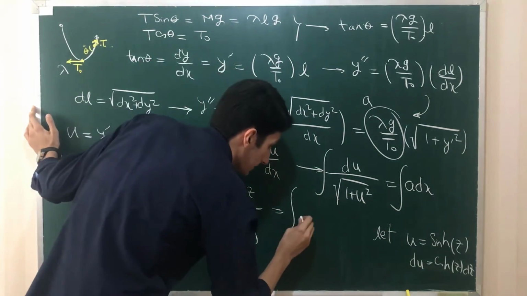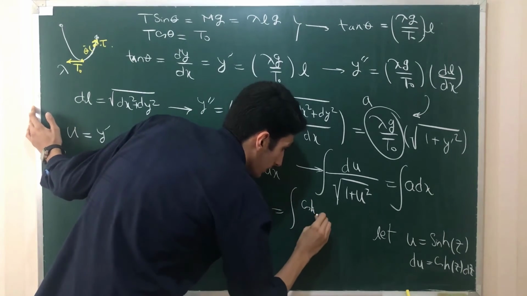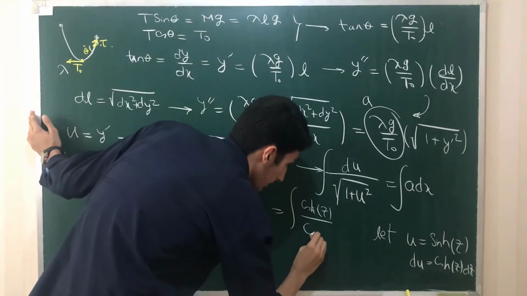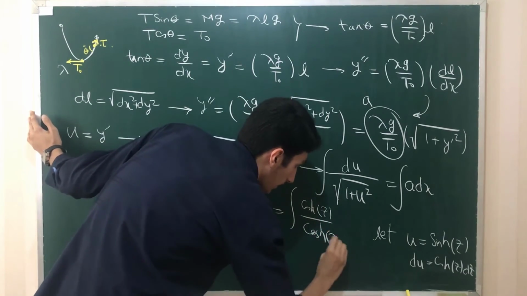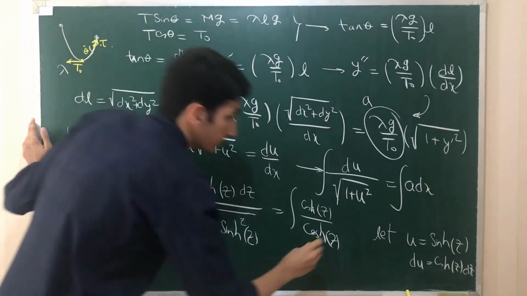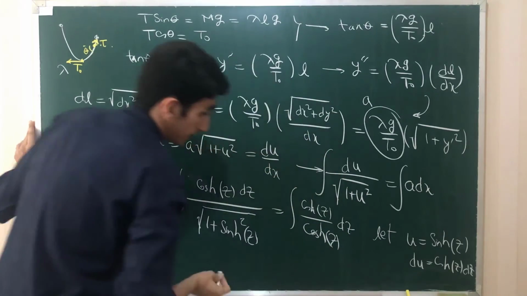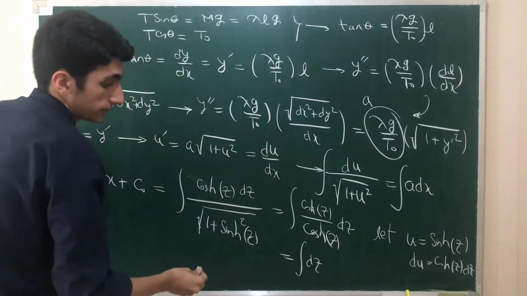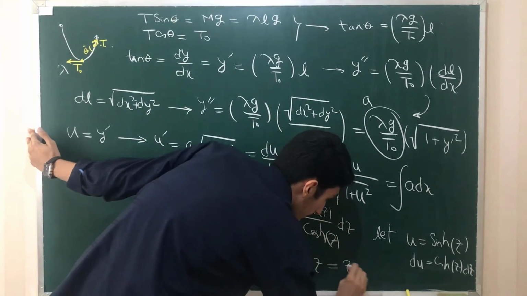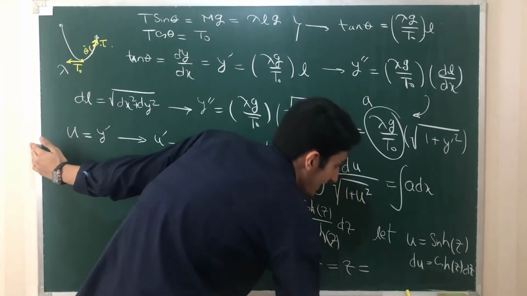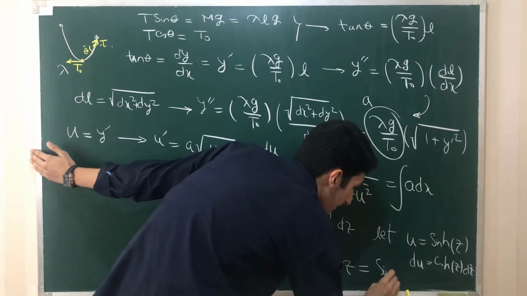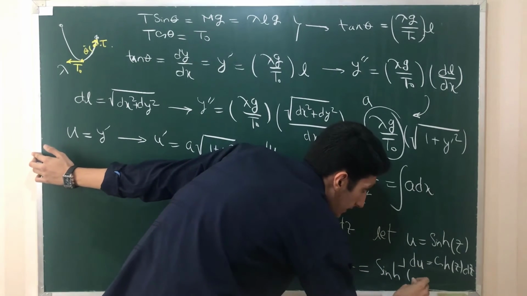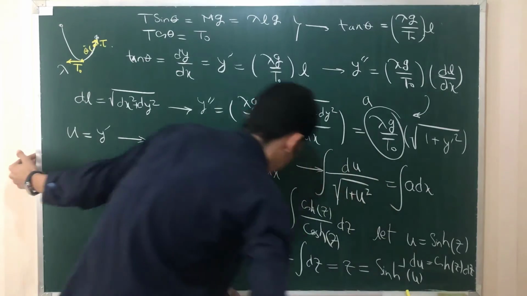So this is hyperbolic cosine of z over hyperbolic cosine of z times dz, which is the integral of dz, which is z, which is inverse hyperbolic sine of u.